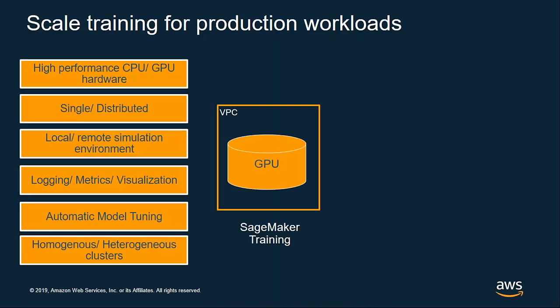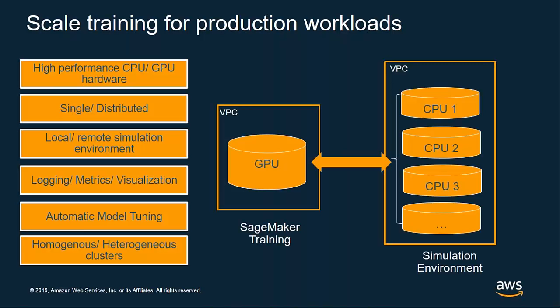So this is very important, where your training can be run on GPU machines, which are very powerful and can accelerate the training time. And you can connect to various CPU machines for doing your simulation or running your RL environments.